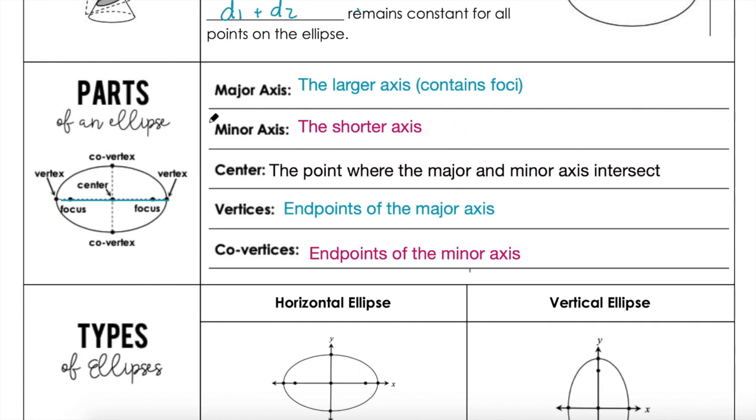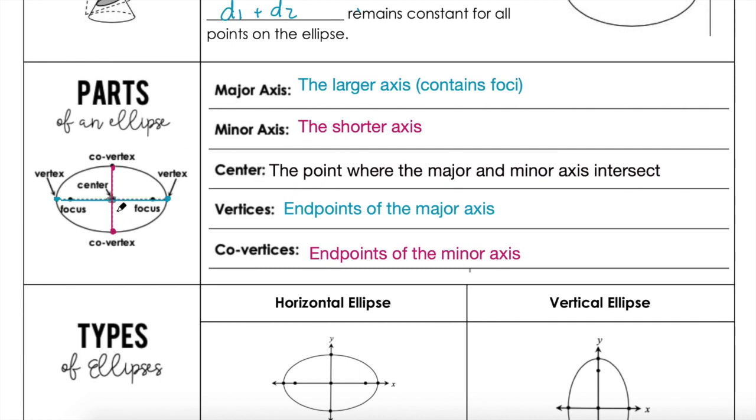With our major axis, we have our vertices, or each of them is a vertex. Vertices is plural, so those are at the end of our major axis. Then we have our minor axis. It is the shorter of the two axes. And at the end of those, the axis on the ellipse is where we have our covertices. The point where our two axes intersect, we call the center.